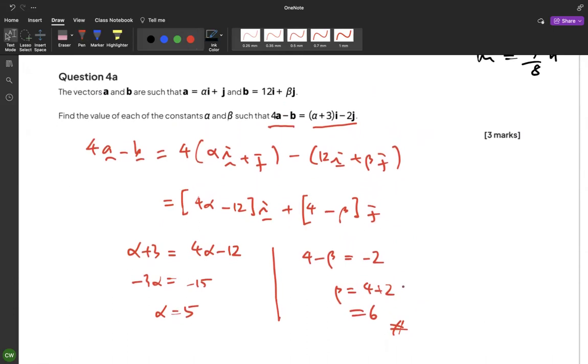Beta is minus beta, 4 minus beta. Let me check and see. Yeah, correct. Alpha is 5, beta is 6, correct. Confirm, okay?